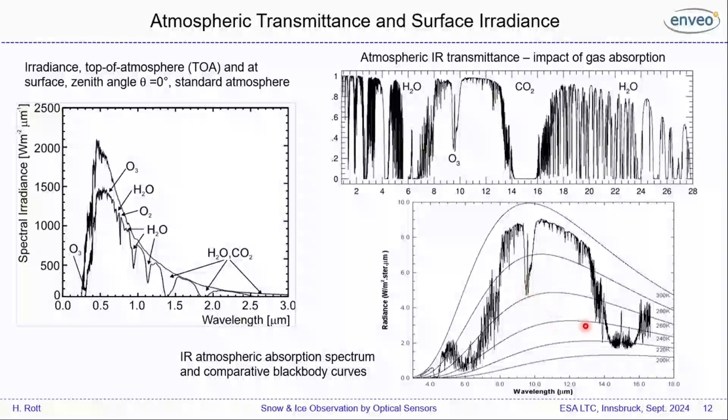This is ozone, and for temperature measurements you use mostly this range between 9 and 12 micrometers. Usually there are several channels in this window so that you can correct for these absorption losses.